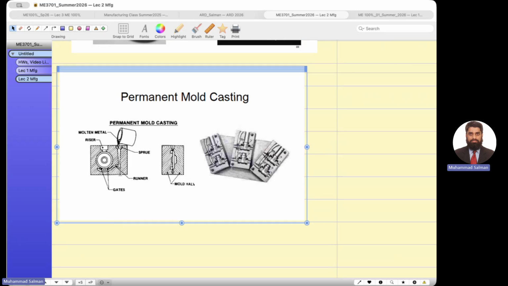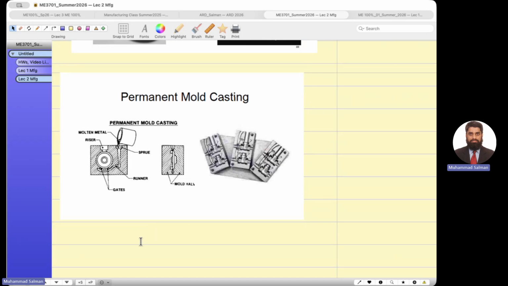You pour through the sprue, and the gates are at the bottom of the mold. There is a riser over there as well. Once it is solidified, you open the die. There are two parts of the die, right and left, or top and bottom, and then you remove the part out of the die.